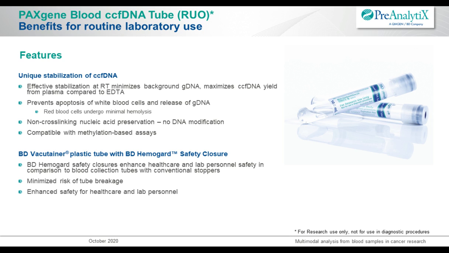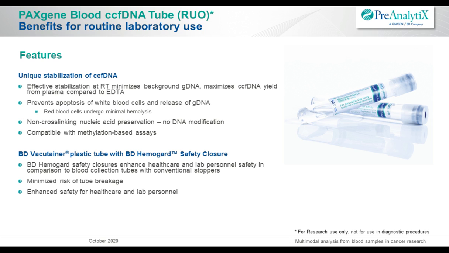So, as I said, this stabilization solution prevents the apoptosis of the white blood cells, but this also prevents the apoptosis and the disintegration of the red blood cells and the hemolysis.